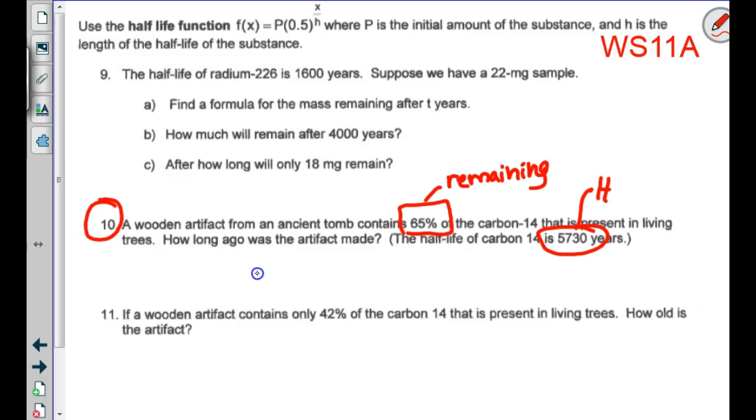Couple different ways. We could say I'm going to start with 100. How much would we be down to then? If my original value was 100, we can use this formula, guys.